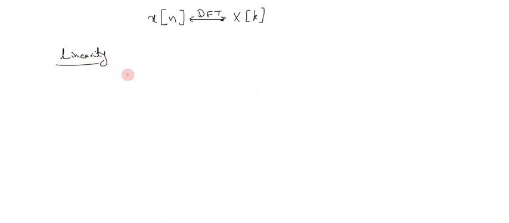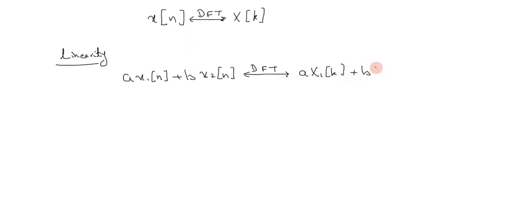For example, you have a weighted sum of two signals with weights a and b, and the two signals are x1 of n and x2 of n. If you want to find its discrete Fourier transform, it will be the weighted discrete Fourier transform with the same weights a and b. It is a simple property. And the second one is circular shift.